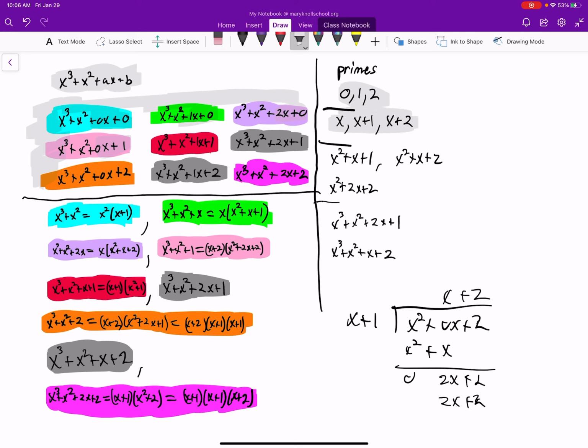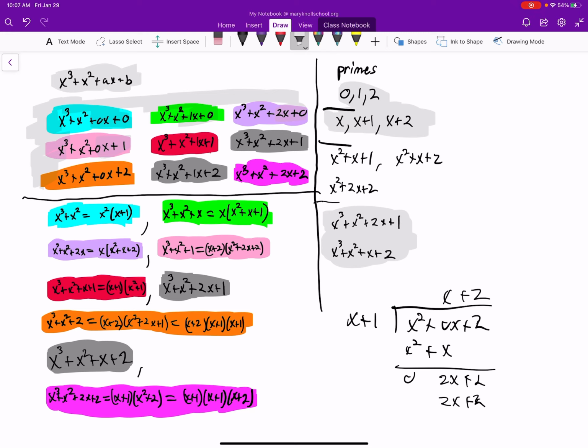Okay, so if they're not divisible by any of these primes, then they're prime themselves. So they would go in this category, right? Because if they're not divisible by any of the 1s, that also means they're not divisible by any of the 2s. And so that's where we go from there.